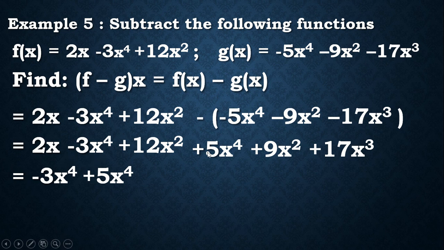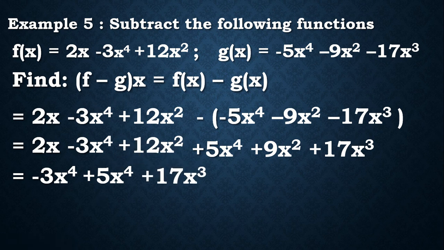Negative 3x to the fourth plus 5x to the fourth. They are like terms because they are both raised to an exponent of 4. They have the same variable and exponent. That's why they are like terms.